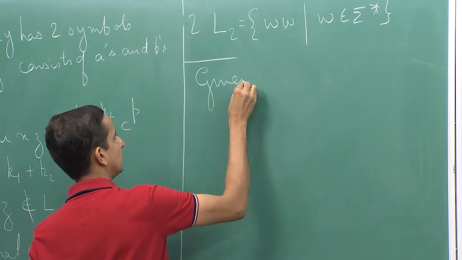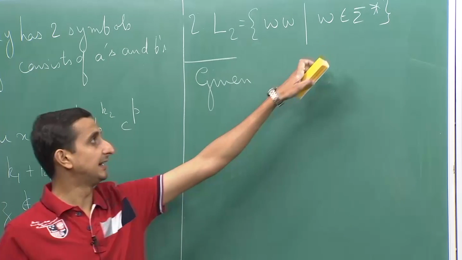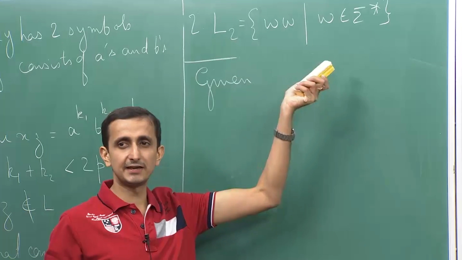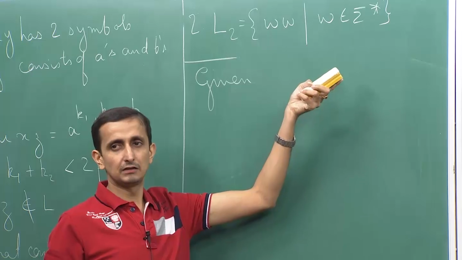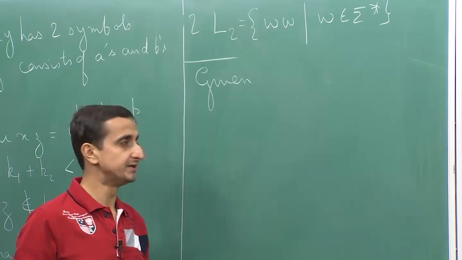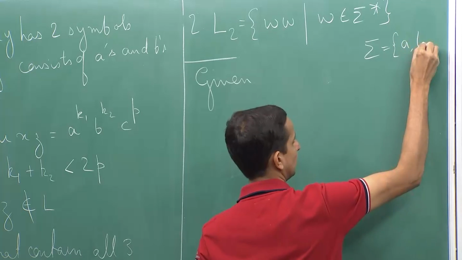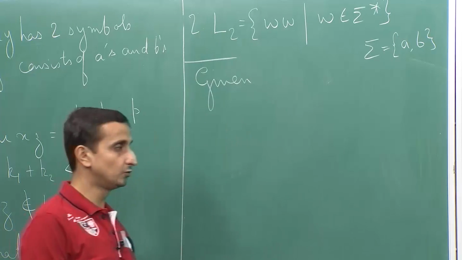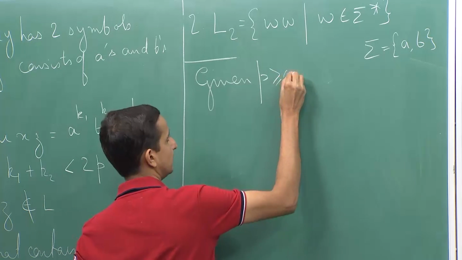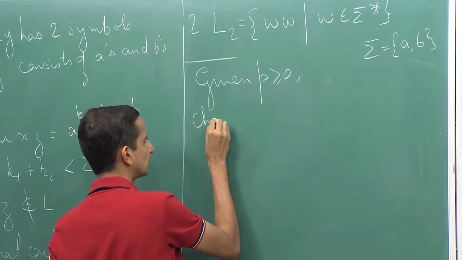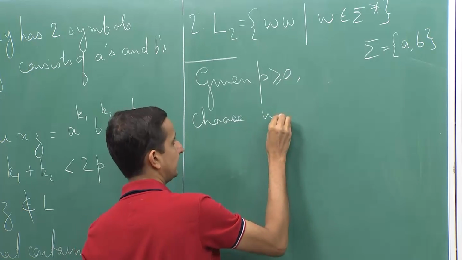Sigma can be anything here, but for the sake of simplicity we will prove this when sigma consists of the symbols a and b. So, suppose sigma has two symbols a and b. Given p, I will choose a string w.